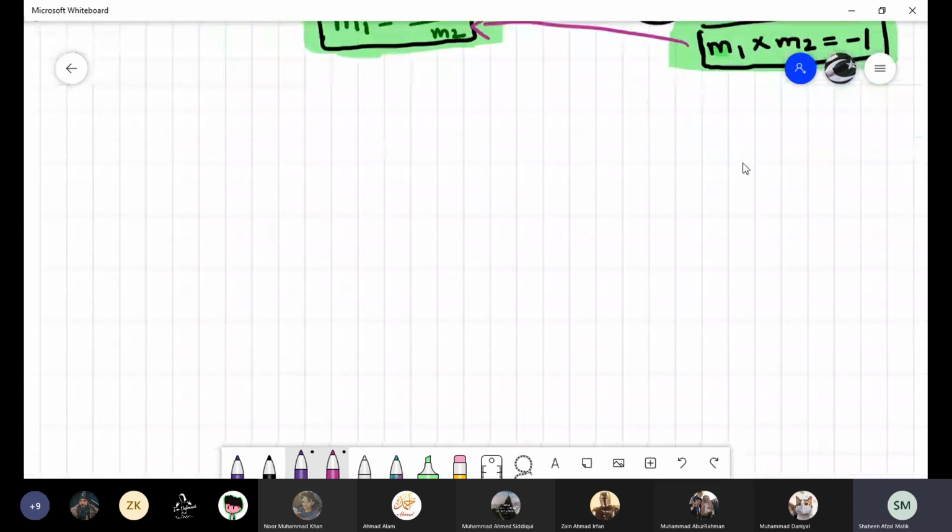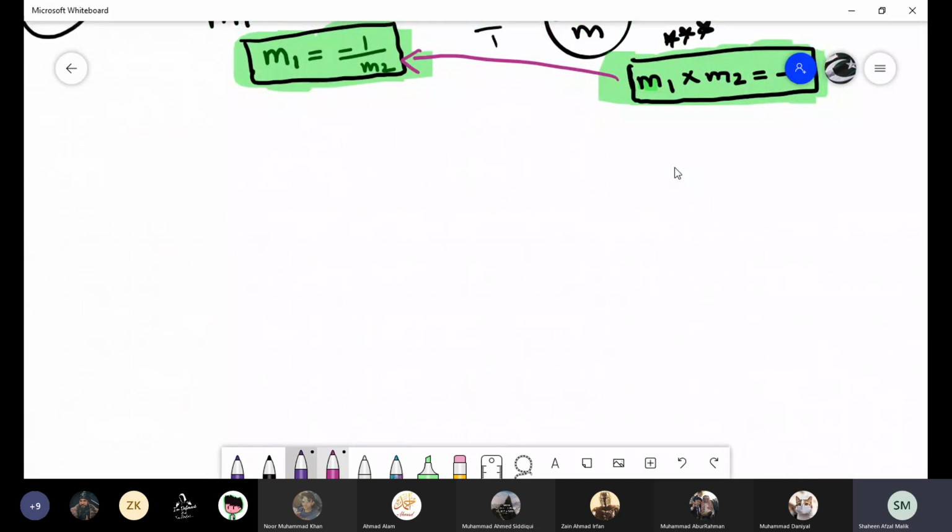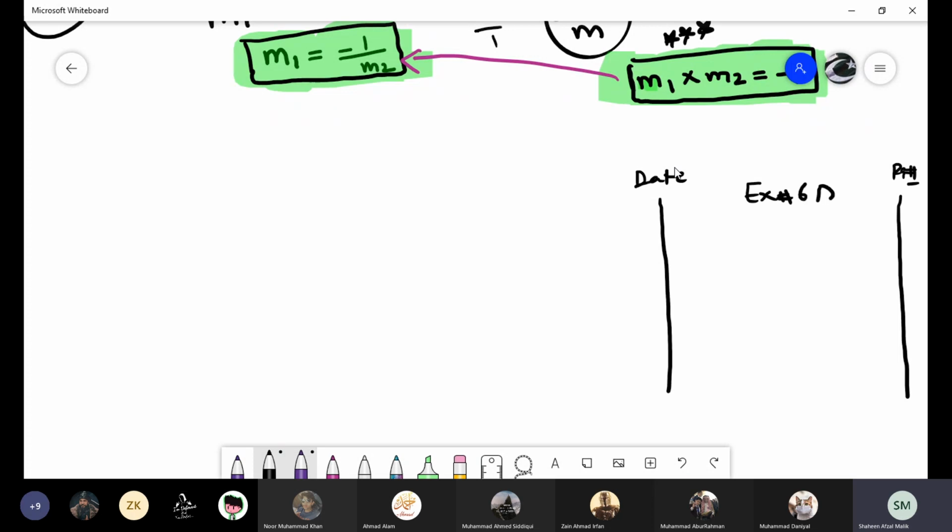See, I am preparing the page here, how you are going to prepare. Let's suppose this is your page. Then you have to draw a margin line here, margin line here at the last. If you don't want to draw this line, it's okay. Here you have to write the date. Here, page number. Here you have to write exercise number 6D.